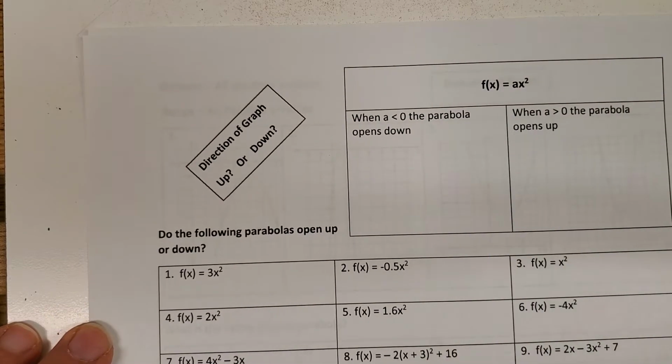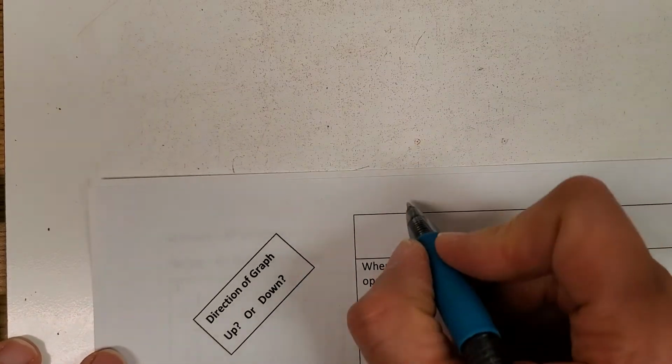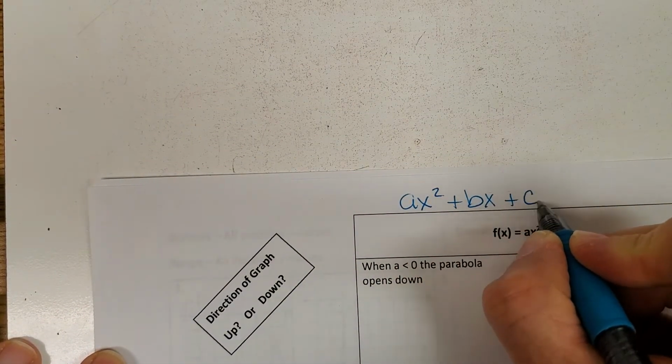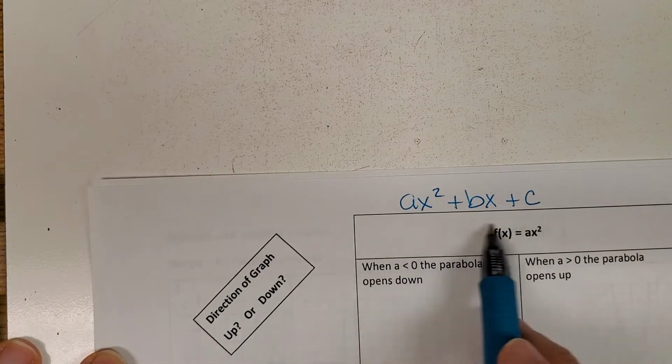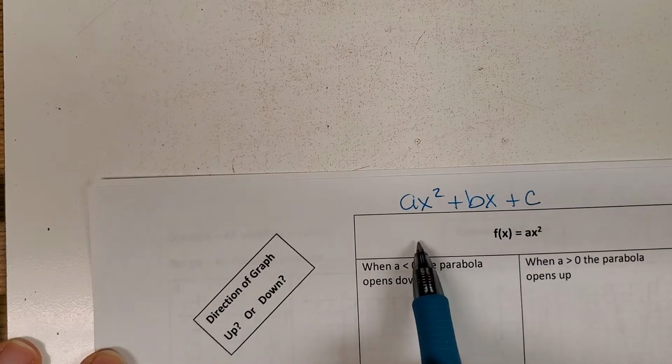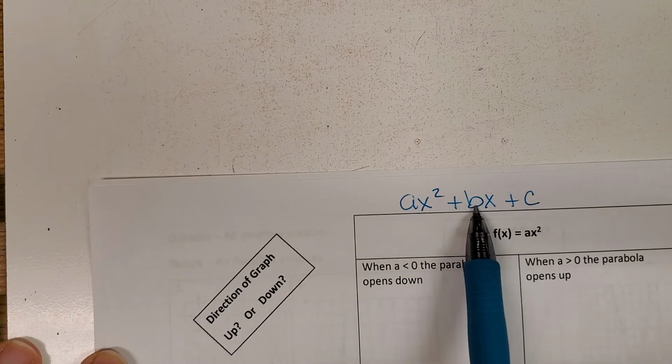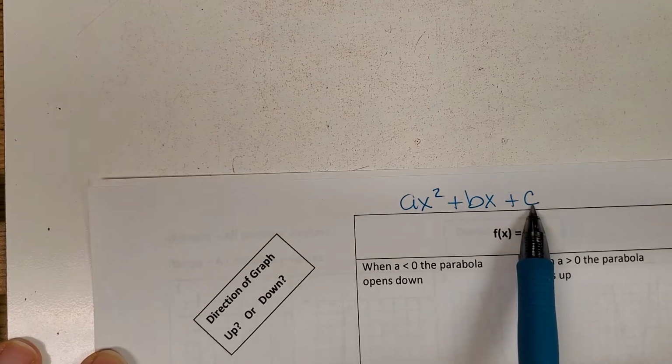So remember, last chapter when we were factoring, we talked about this ax squared plus bx plus c. This is a form of a quadratic equation, or function, I should say, or expression. a is always in front of x squared, b is always in front of x, and c is the constant. Remember, those are all lowercase letters.